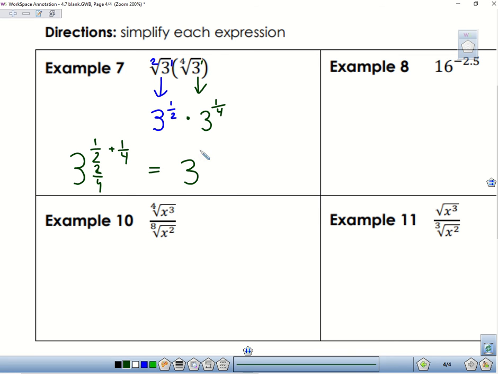So 2/4 plus 1/4 is 3/4. Some of them you can do in your head, but you just convert it. So that'd be your answer. And if your answer was asked to be written back into radical form, you just have to know how to convert it back. So it'd be 3 to the 3rd and then 4 on the outside. I'm just going to be doing each one written both ways because depending on the question, they may ask for either representation.